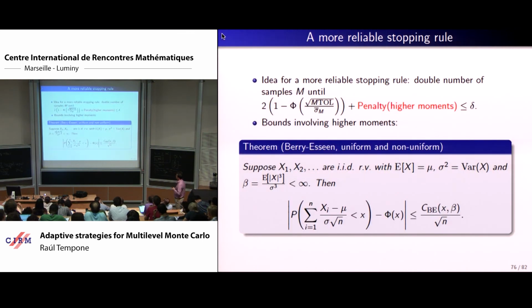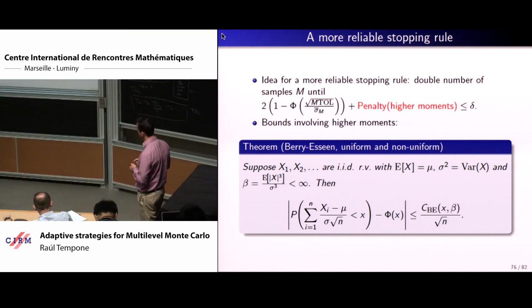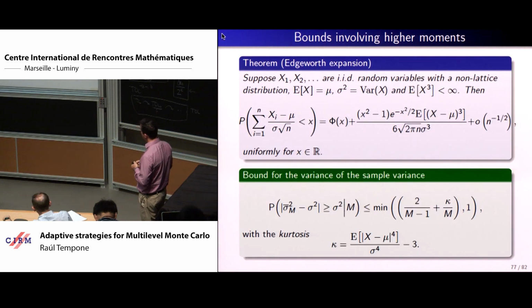The whole point here is to penalize this fact, because we really don't believe sometimes that we have such an accurate estimation of the variance. To uncover this, what we do is use Berry-Esseen type bounds, which give better control of the rates of approximation in the central limit theorem, and combine those with an Edgeworth type of expansion, which is something you would use when you have full confidence that the tails go fast to 0.